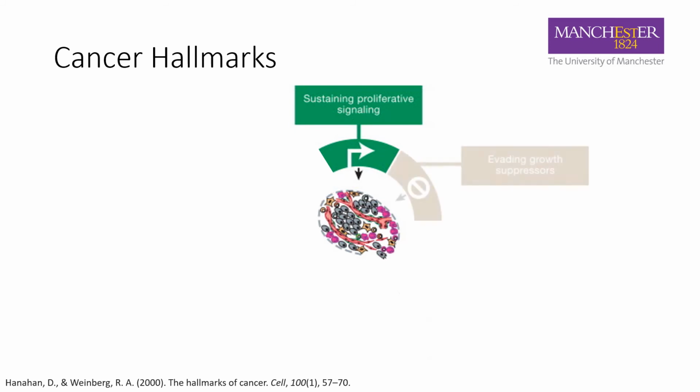The second factor is evading growth suppressors. Within normal tissue, many anti-proliferative signals exist thanks to tumour suppressors, like TP53, that control tissue homeostasis. Impatient cancer cells can evade these signals if there are disruptions to tumour suppressor genes and progress into later stages of the cell cycle.